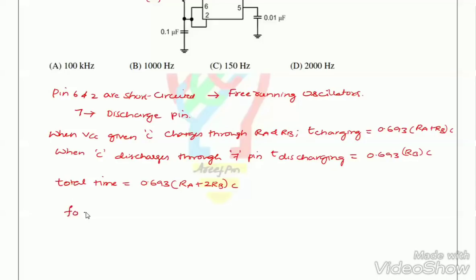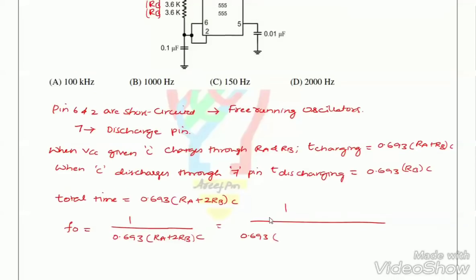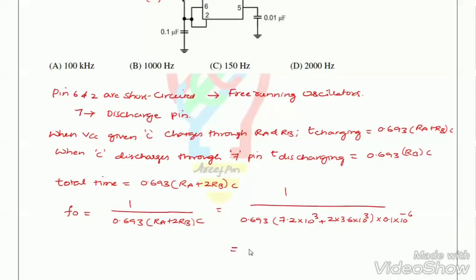Now frequency F0 is equal to 1 divided by 0.693 into RA plus 2RB into C. This is equal to 1 divided by, how much we have, 0.693 into RA, which is 7.2 into 10 power 3, plus here we have 3.6, so 2 into 3.6 into 10 power 3, into 0.1 into 10 power minus 6, and if you solve this we get the answer as 1 kilohertz, and the option here is B, the right answer.